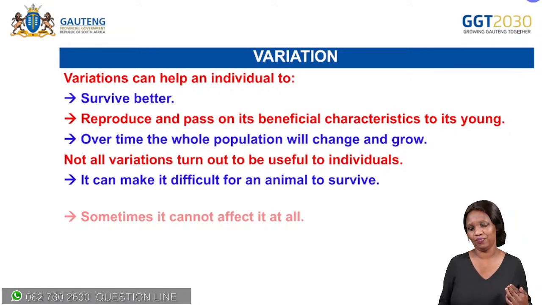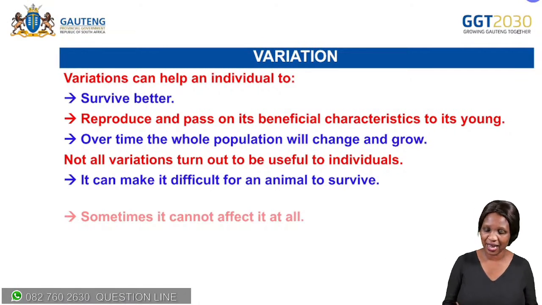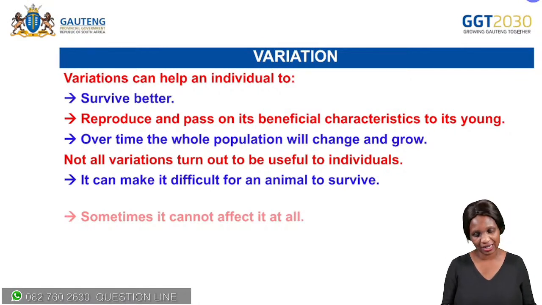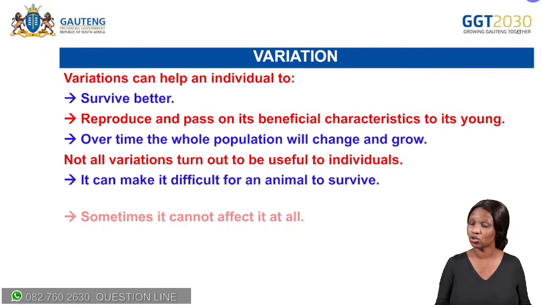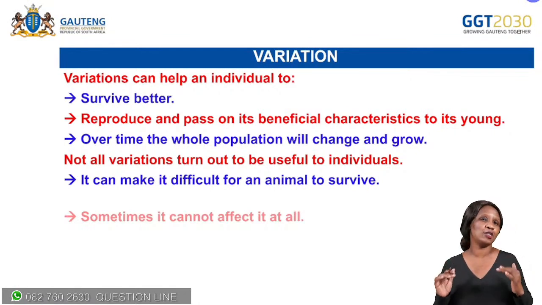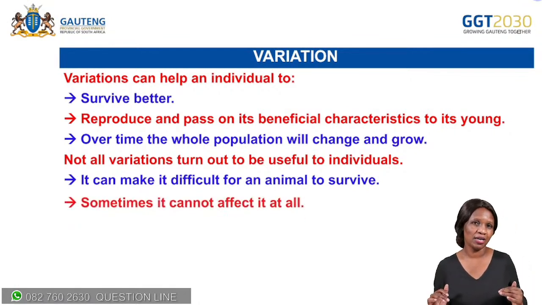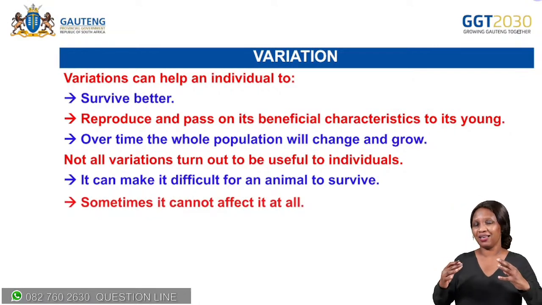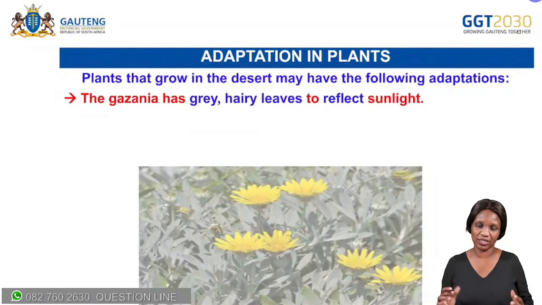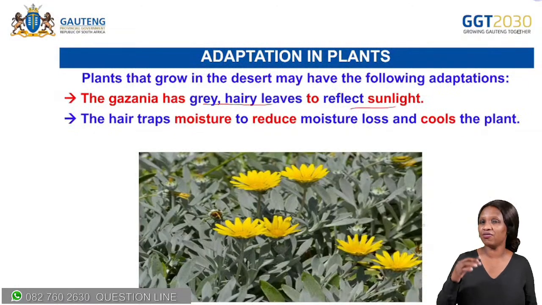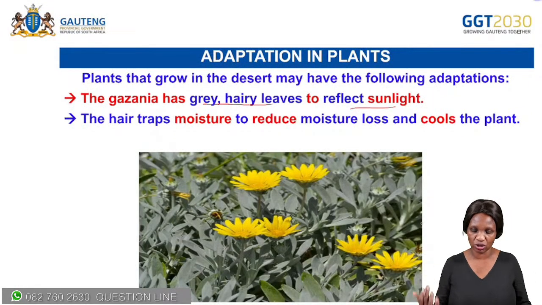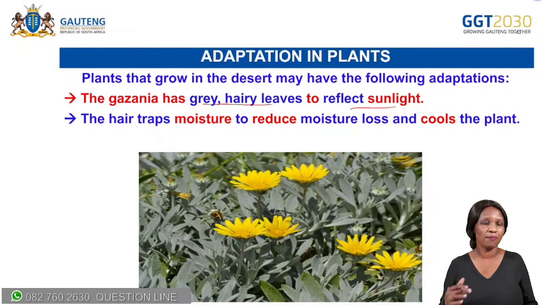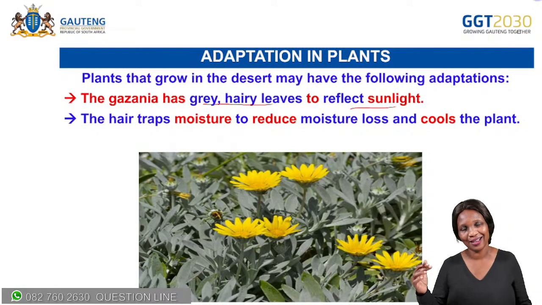Why is it so? The gazania plant has gray hair leaves to reflect what? To reflect sunlight. Remember, it is a desert plant. It must protect its water. All right. And then that hair traps the moisture to reduce moisture loss because it is in a desert.